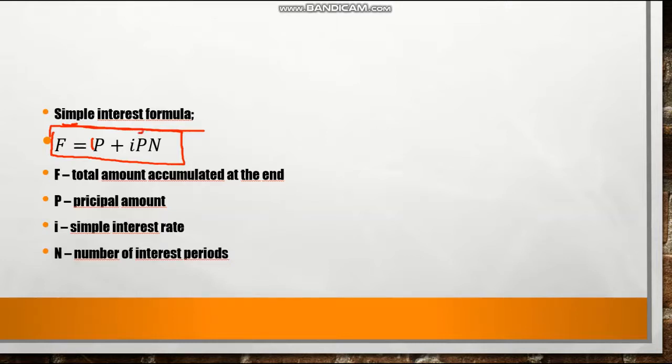Multiply by the principal amount and by the number of interest periods. If the interest rate is given in years, we multiply by the years. If the interest rate is given in months, you multiply by the months. That's it. It's very easy to calculate with the simple interest formula.